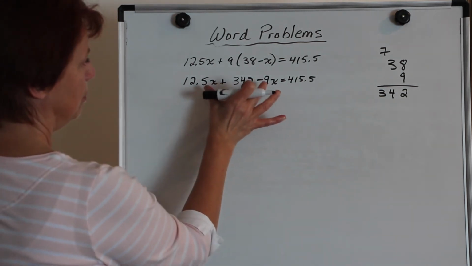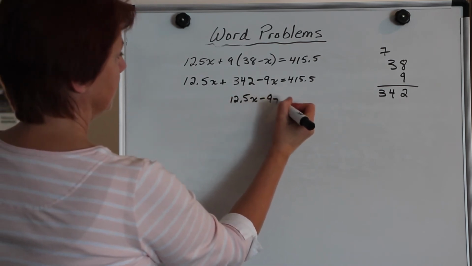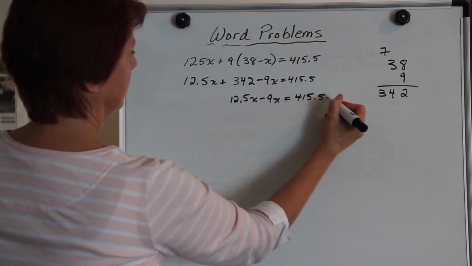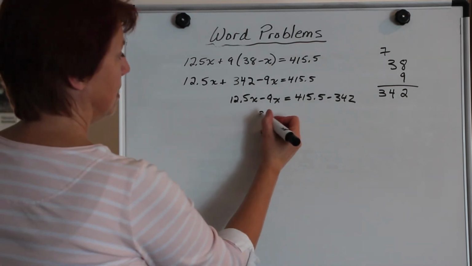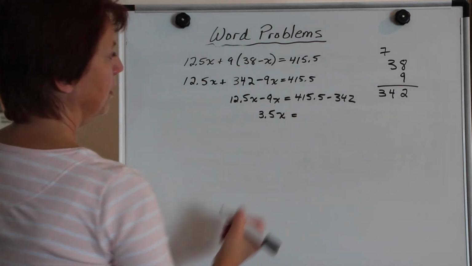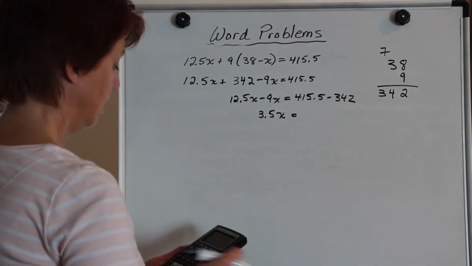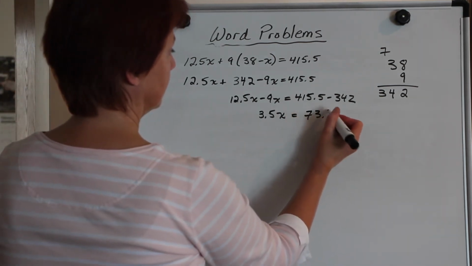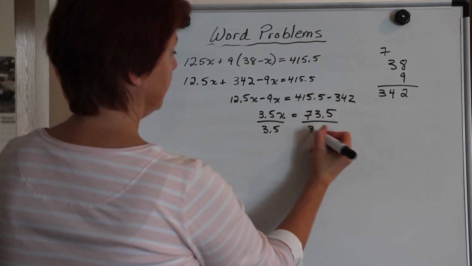Now, the two variable terms are going to stay on the left, and the two constant terms are going to be on the right-hand side. Okay, 12.5 minus 9 is 3.5. And 415.5 minus 342 is 73.5. Then we divide out the 3.5.